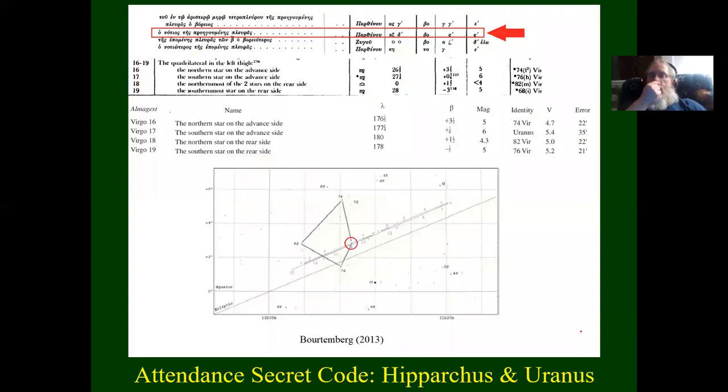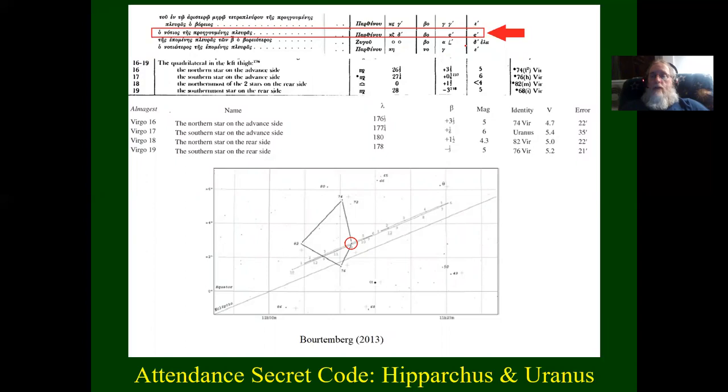All right, so that gets us to the end of this video. And I thought I'd include a cool attendant secret code, even though you probably can't read much of this here. Up at the top is actually a little bit from the star catalog that's in Ptolemy's Almagest, which apparently was actually not Ptolemy's observations.